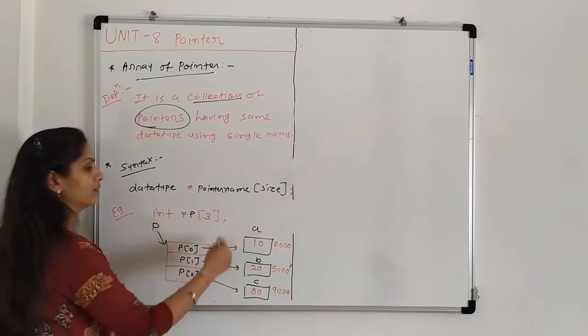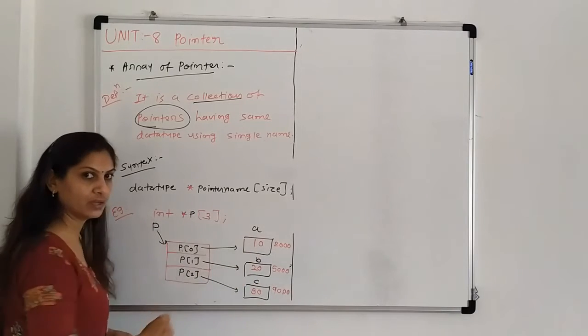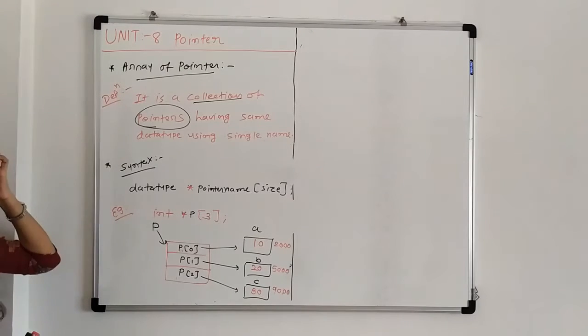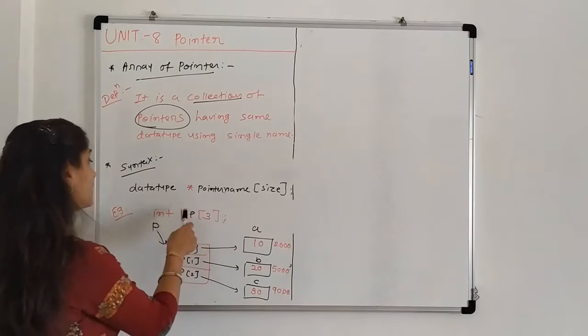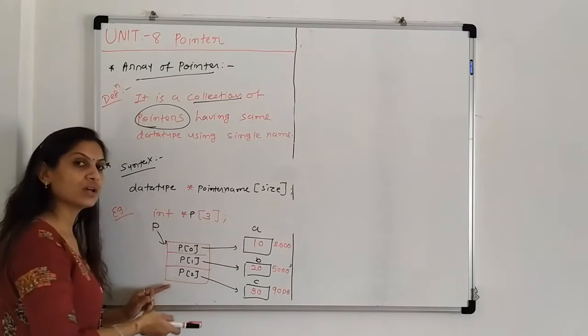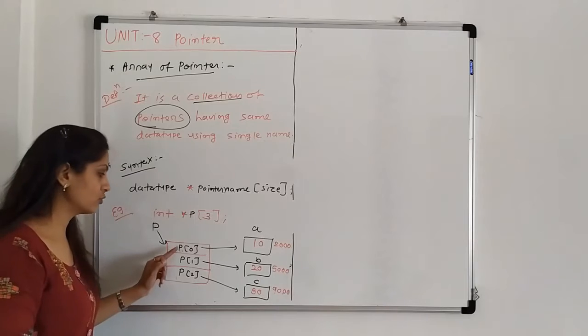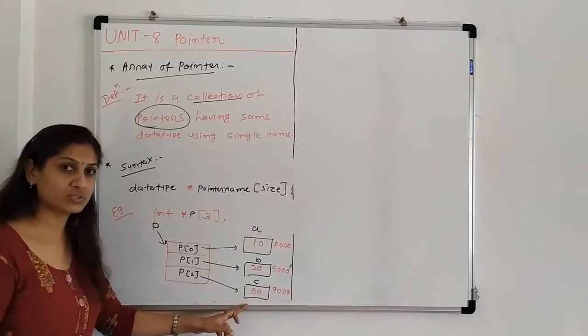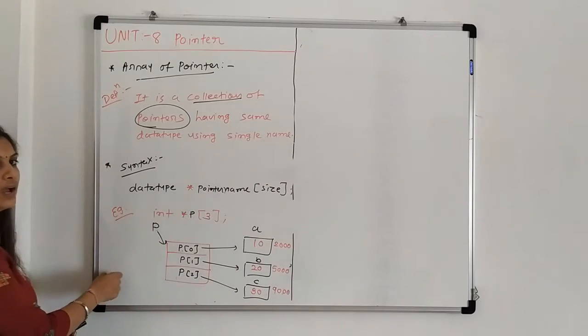To print the output for this figure, we have to find how it works. Here there are 3 pointers which point to some other element: P0 points to A, P1 points to B and P2 points to C. This is a simple example.